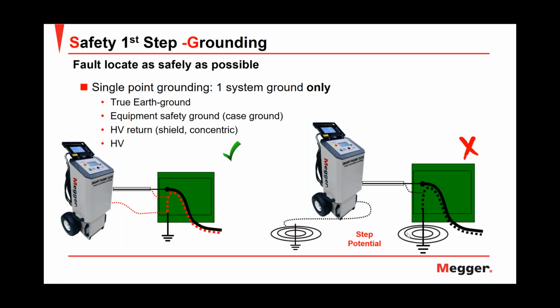In that picture, the concentric or the neutral of my cable is not at the same potential as the safety ground of my thumper. So what could happen in this case is that I can have a step potential. And if I am the person standing in the middle, I could suffer a step potential discharge. This is something that I want to avoid. For this reason, it's very important that we have the condition shown in the picture on the left: one system ground only.